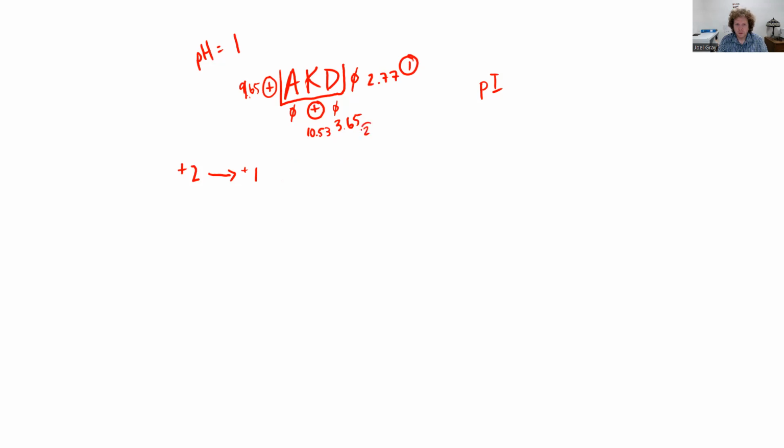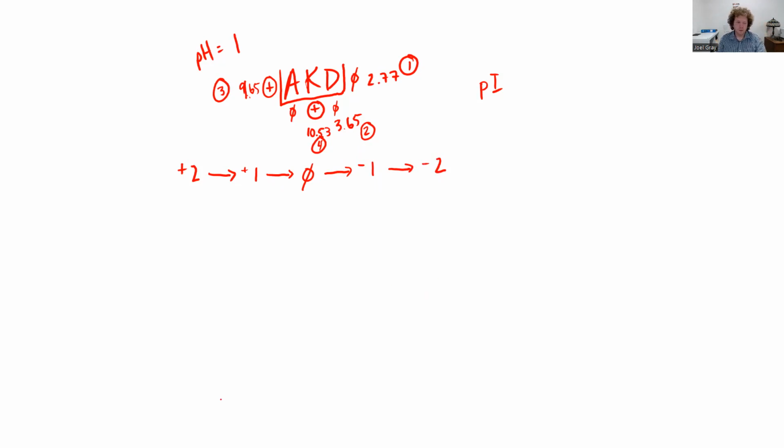The next group to be deprotonated is the R group for aspartic acid. And when that group is deprotonated, I have a molecule with a zero overall charge. The next group is the N-terminus of my peptide. My final group is the R group for lysine. So my molecule will go to -1, and then from -1 to -2.